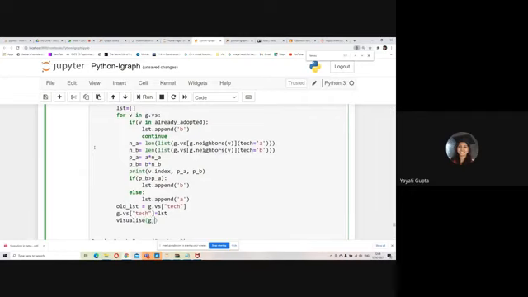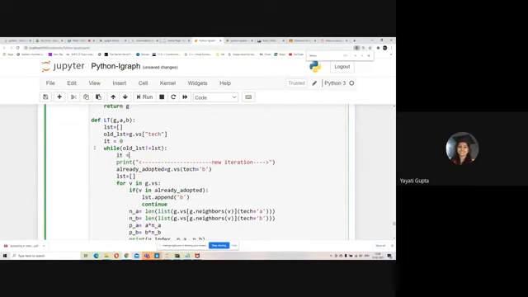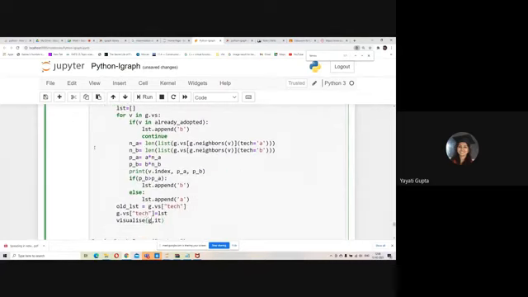Now I have to define this function, visualize GIT, which should visualize this graph and store it along with this iterator in a file. It takes my graph and iterator value.